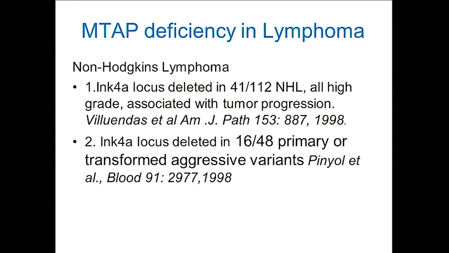In non-Hodgkin's lymphoma, the INK4A locus is deleted in a high percentage of patients. We don't know about MTAP specifically, but presumably MTAP is co-deleted in a high percentage of these patients, and also especially in the transformed aggressive variants.